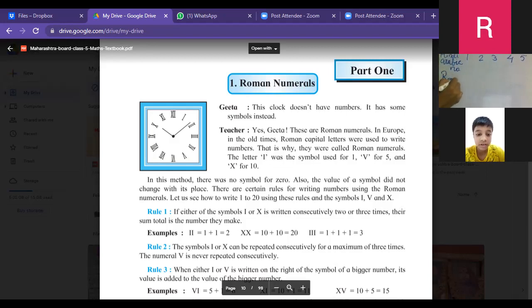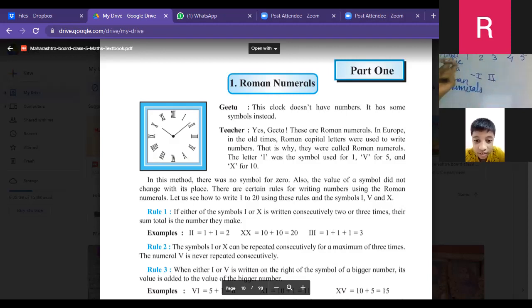So Roman numerals. Now 1 is there. This 1 we will represent like this. Can you see? Yes, teacher. This way. Now 2 is there. If we are writing 1 this way, how can we write 2? Double up 1, right? This way.